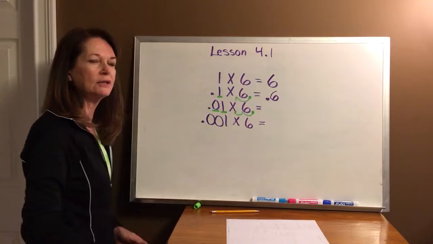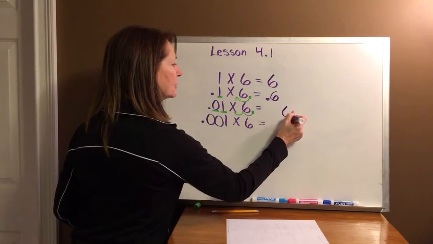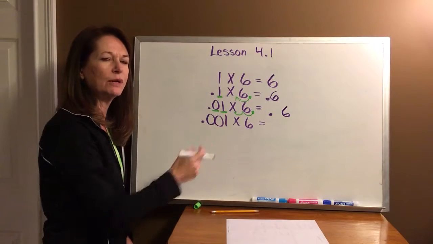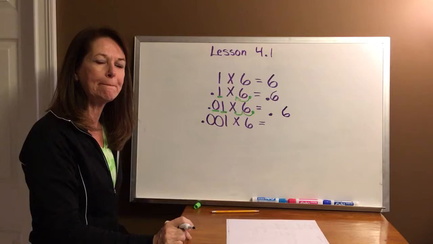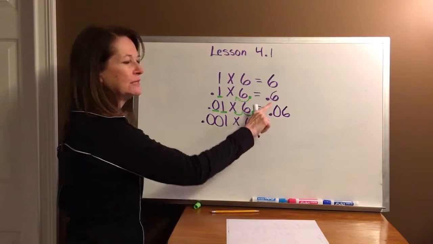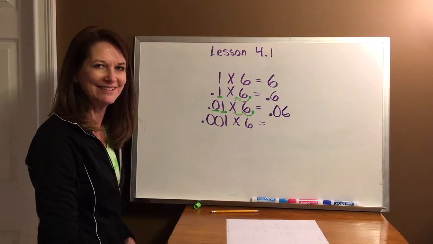So when I transfer my information, I'm going to have a 6 here and a decimal point here. Any ideas of what we're going to put there in the tens place? Right, it's going to be a 0. So the last answer was 6/10. This answer is 6/100. Okay?